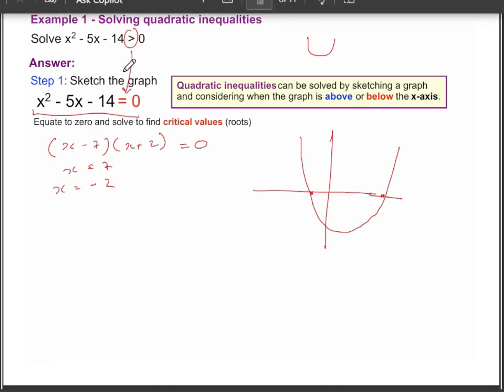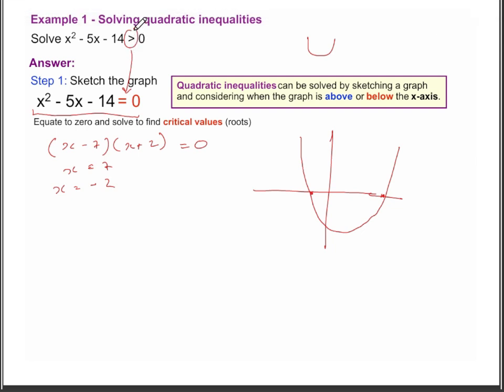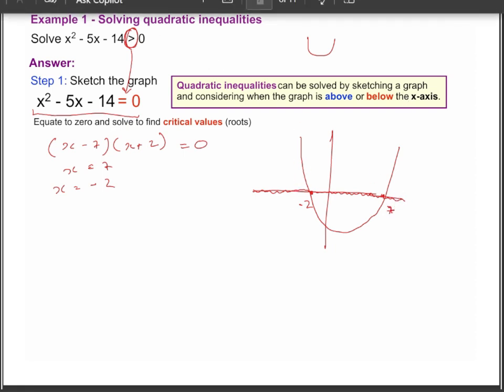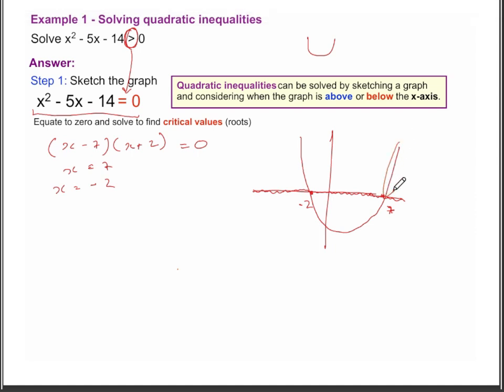Now, looking at exactly what's happening, we are looking at values that are greater than 0. Obviously, 0 is this line right here, the x-intercept, and these points are negative 2 and 7. And if we are looking at it as greater than 0, obviously we can see that the values that are greater than 0 are these right here and these right here.